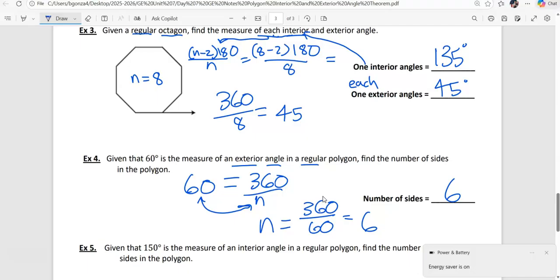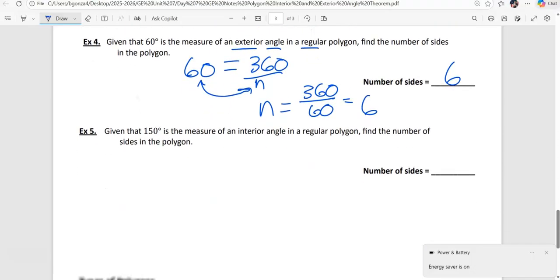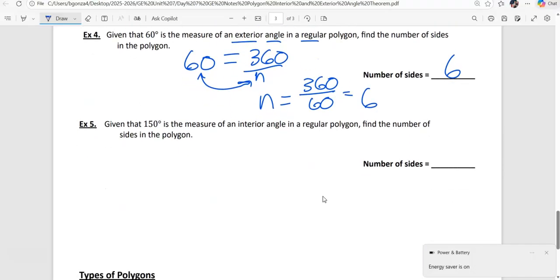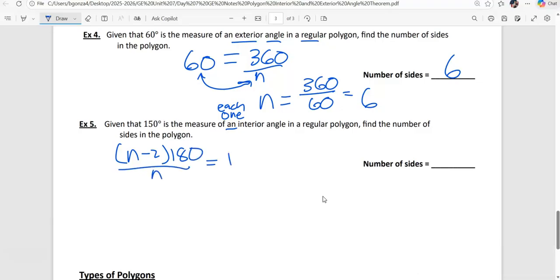This next one's kind of, I don't know. I'll write it down so you have it. But for each interior, or one, or each, okay, same thing. That formula is n minus 2 times 180 divided by n, and that's supposed to equal 150 degrees.